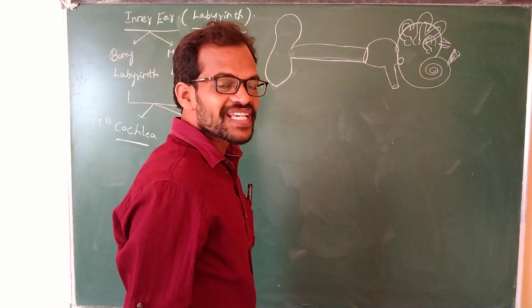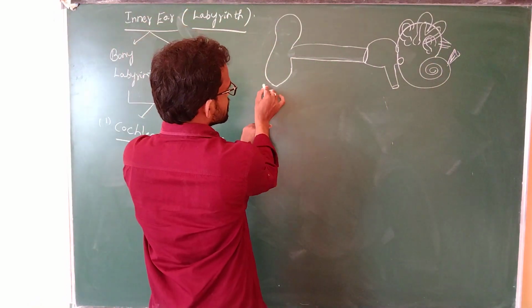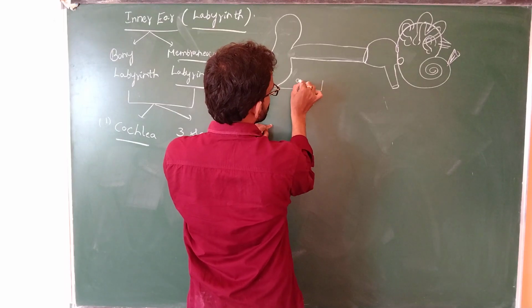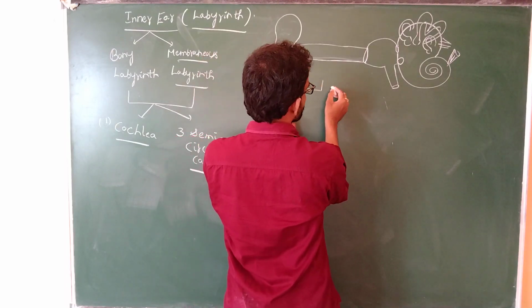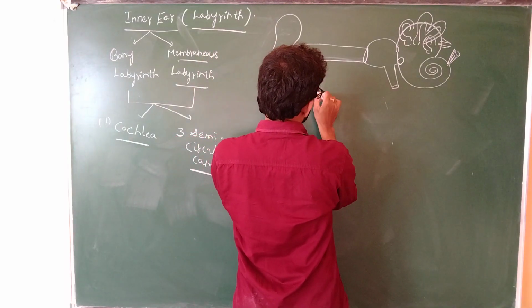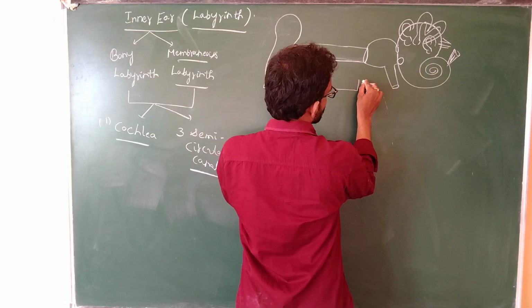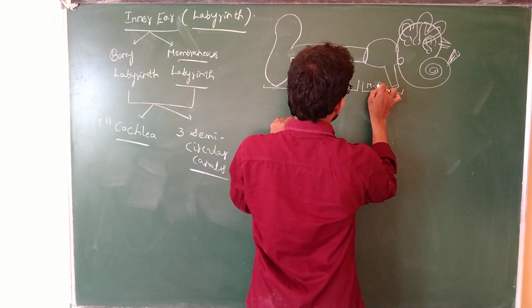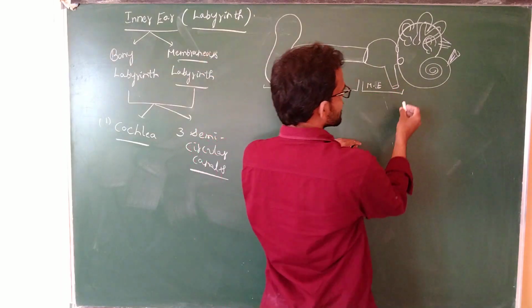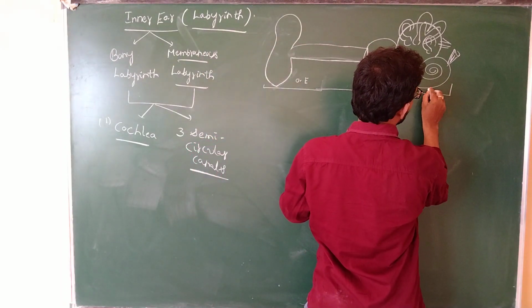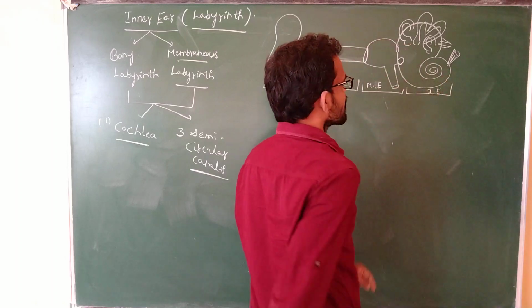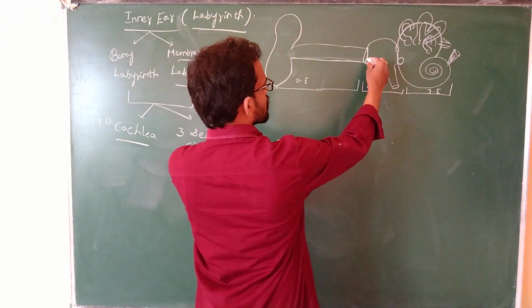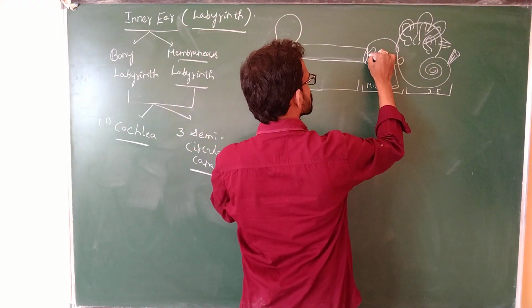If you observe the diagram, this is the outer ear. Next one, the middle ear. This one, the inner ear. Three parts, three bones.